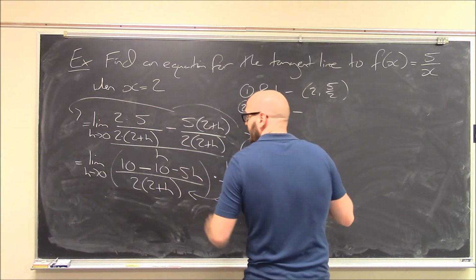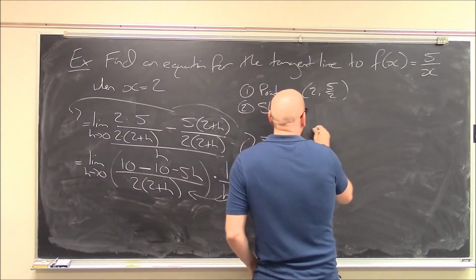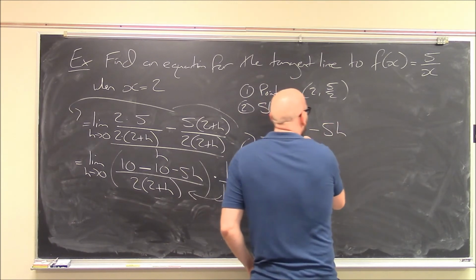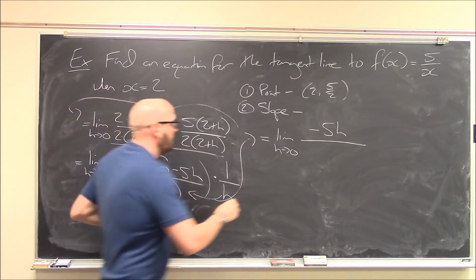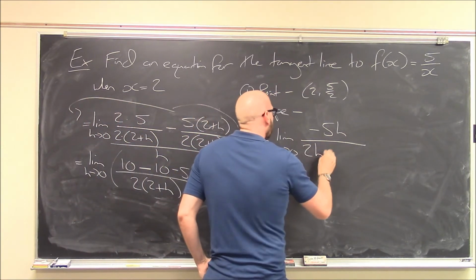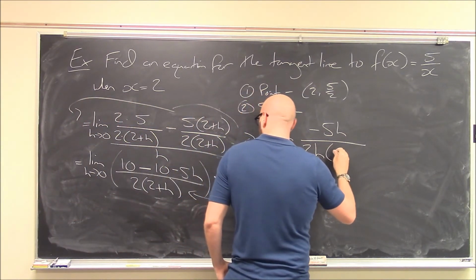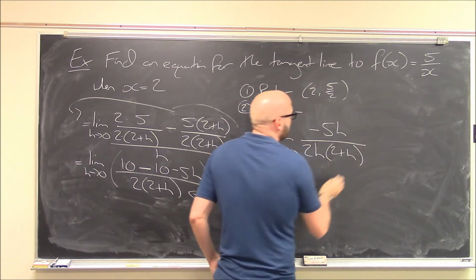Right, so 10 minus 10 is 0, minus 5h is minus 5h over, so the h ends up down here, I write it on the outside, I write 2h times 2 plus h.